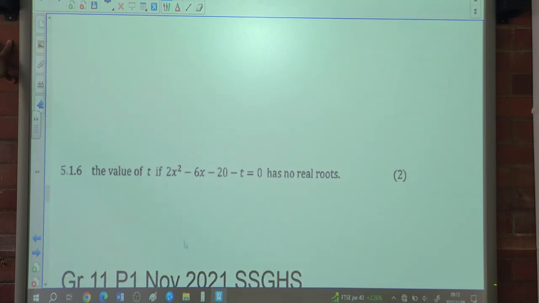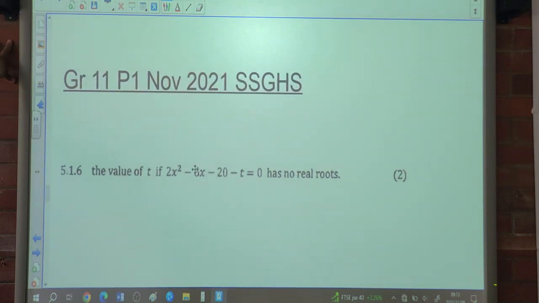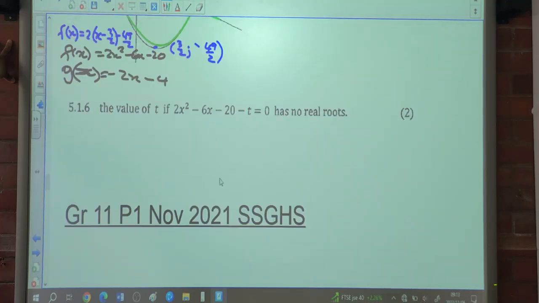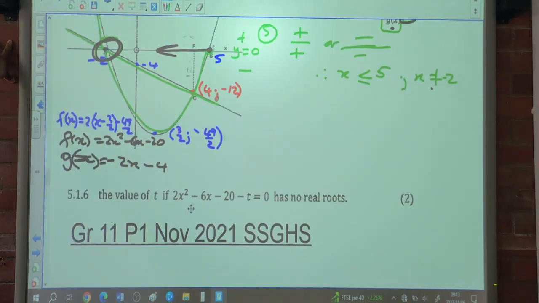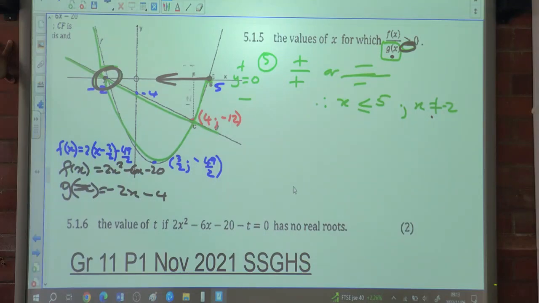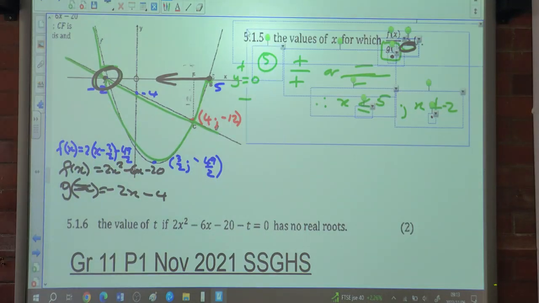Then in this question here we are told determine the value of t if 2x squared minus 6x minus 20 minus t has no real roots. Now there's two ways of doing this, of course.